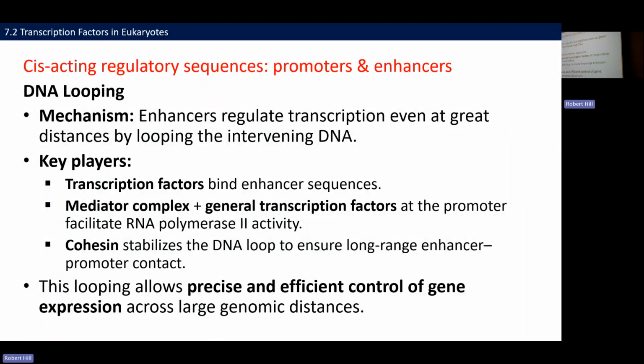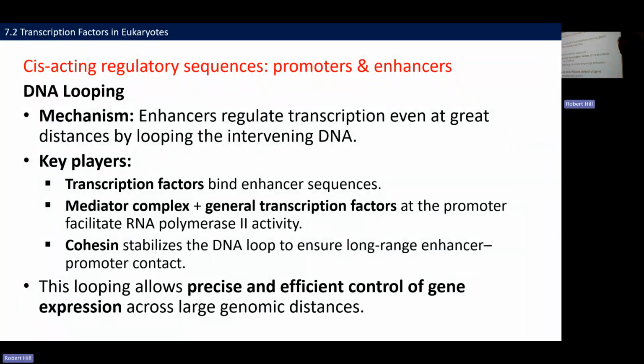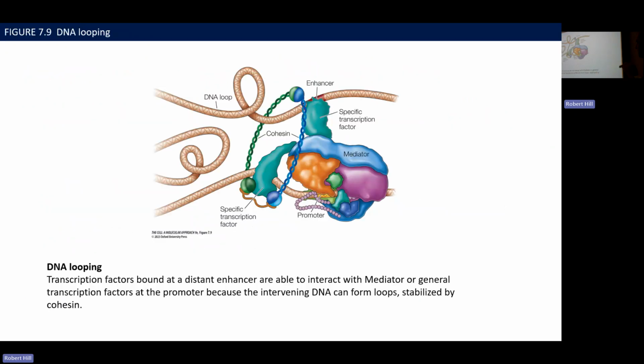So, when you have your enhancer regulation involved, you have mediator complex that's coming in, and then you have the looping of the DNA to increase the activity of mediator and RNA polymerase. You get very precise control with how the DNA is looped and organized.